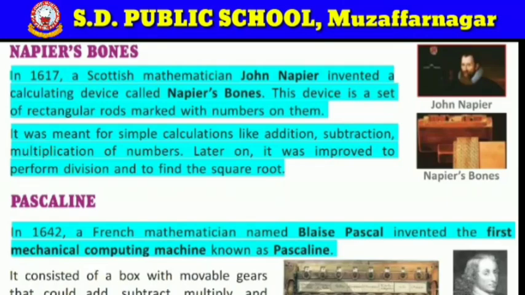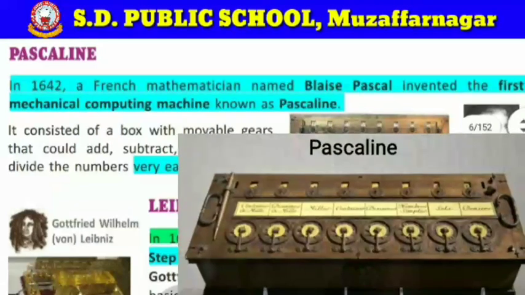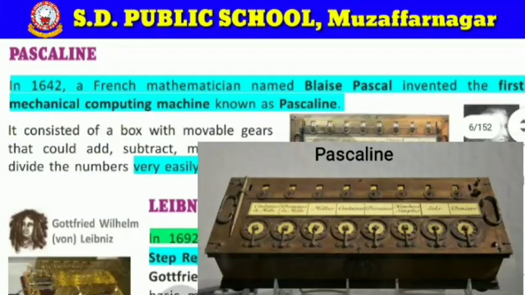Let's come to the next point, that is Pascaline. In 1642, a French mathematician named Blaise Pascal invented the first mechanical computing machine known as Pascaline. This brass rectangular box used 8 movable dials or gears to add up to 8 digits.